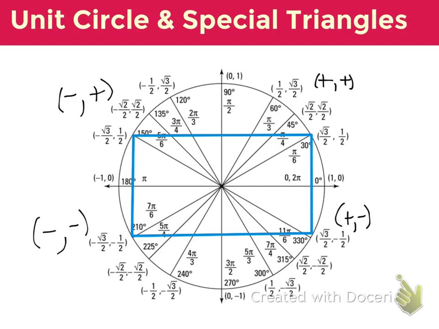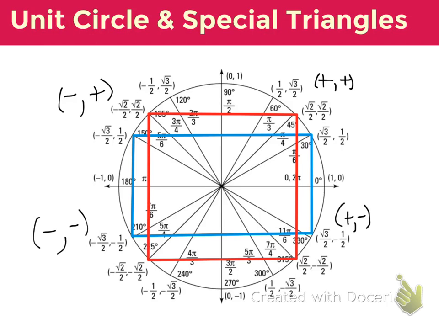Now I'll show you another rectangle here. I'll draw it in red. Here's all of our square root of 2 over 2's. And I'm trying my best to draw that. You can see those points going all the way across on these very special angles at 135, 225, and also at 315.